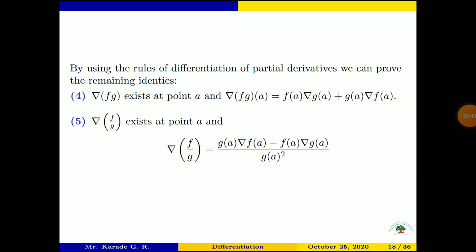So in this way all the identities we can prove. These two identities are homework for you to prove.